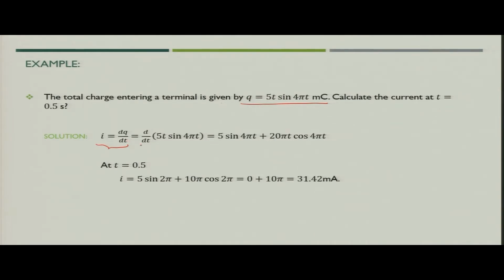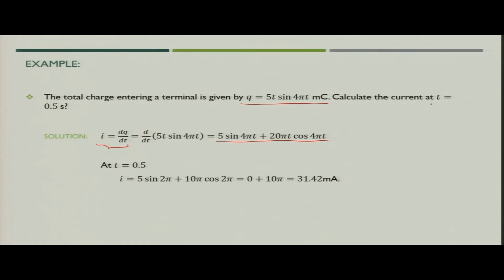So, you will get d by dt of 5t sin 4πt. That is simply 5 sin 4πt plus 20πt cos 4πt, the derivative of the charge which was given in the question.